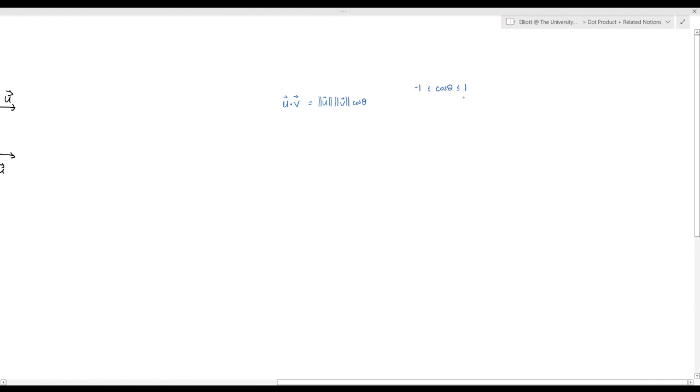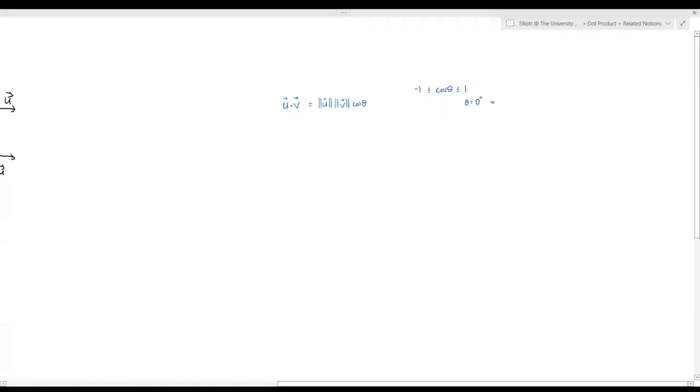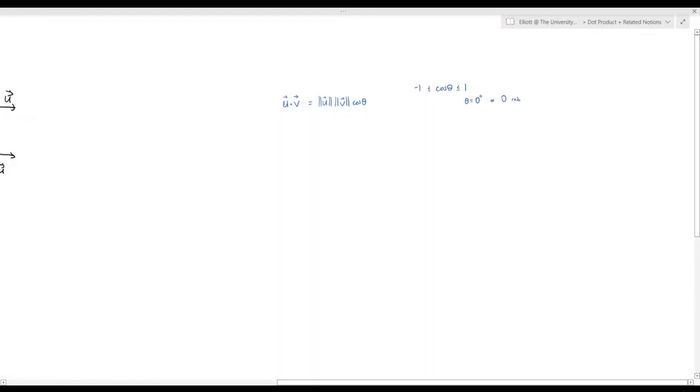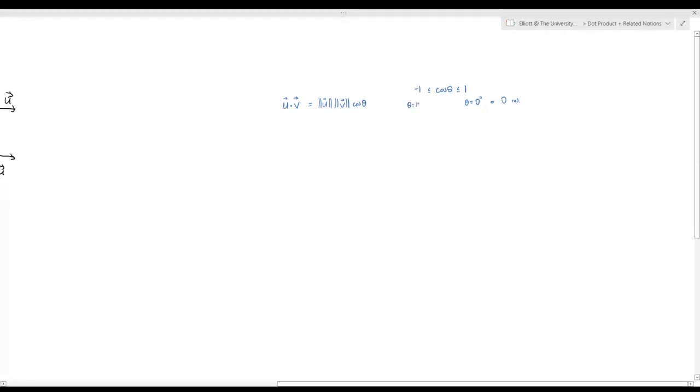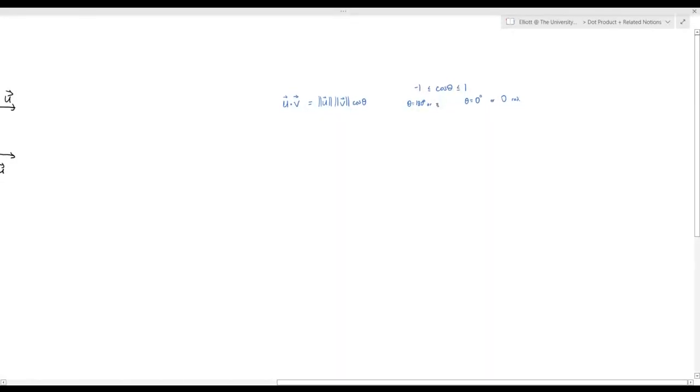The maximum 1 occurs when theta is 0, so 0 degrees or 0 radians. Likewise, cosine will be -1 when the angle theta is 180 degrees, or in radians equal to pi, okay?